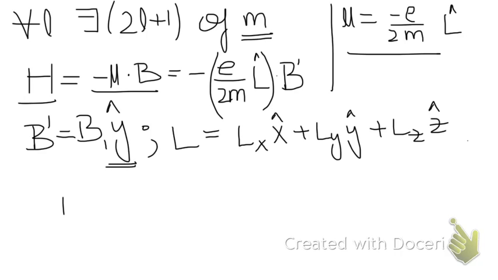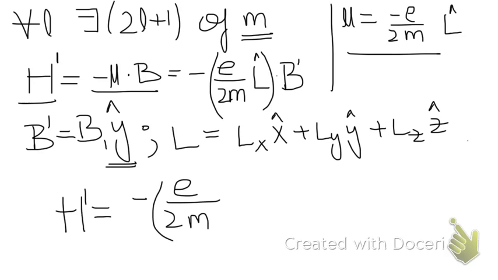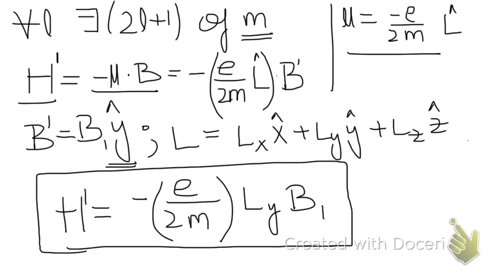So then I can write my H prime, where this H over here was also prime, it's the perturbation or the perturbed Hamiltonian, as negative e over 2m, where again m is the mass of the electron, Ly times B1. So y hat dot y hat equals 1, and therefore this is the Hamiltonian that I'm left with. We are going to simplify this a bit more, because we know that there is another quantity called the Larmor frequency, and so we can just use that and simplify this long looking Hamiltonian.